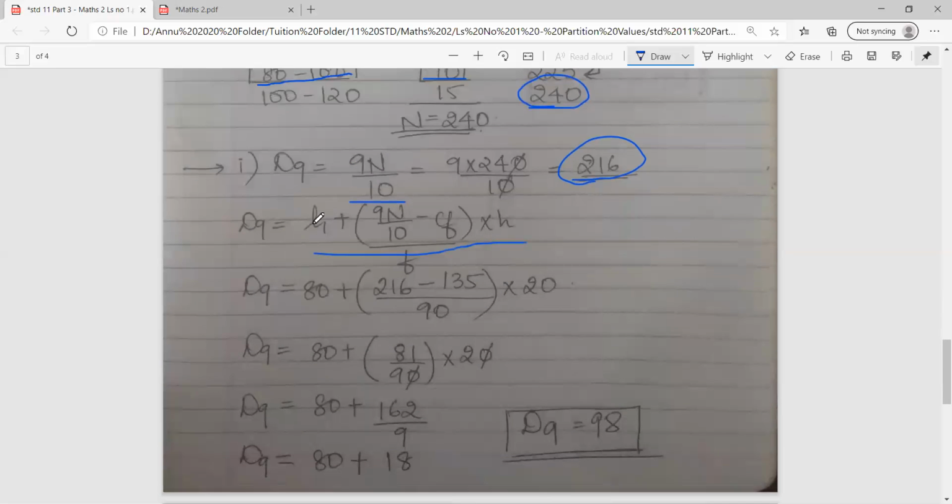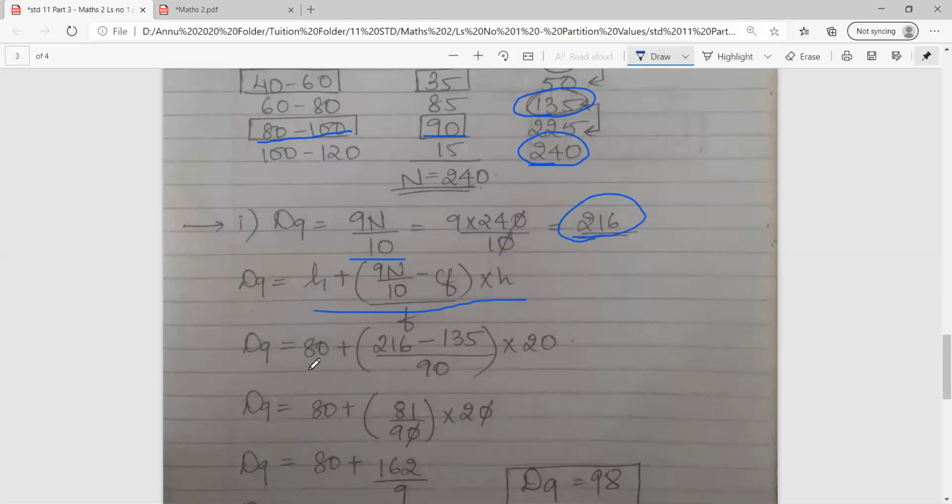So our class was 80 to 100 as you can see over here. So in place of L1 I have placed 80. 9n upon 10 is 216 minus cumulative frequency is 135 upon frequency is 90 and the height of the class is 20. So 216 minus 135 gives you 81 upon 90 into 20.